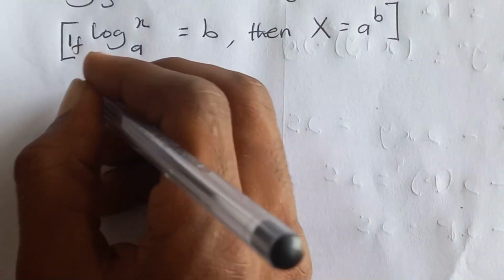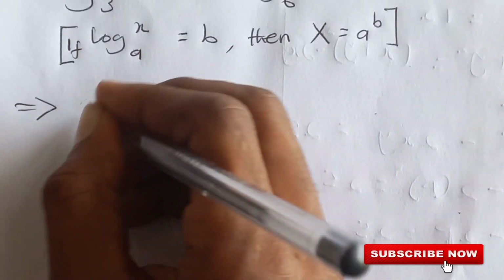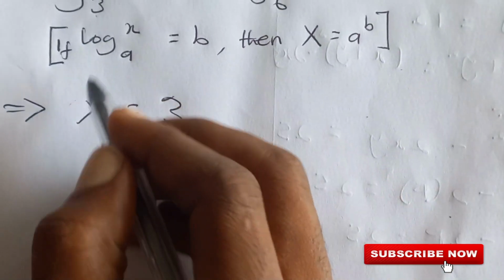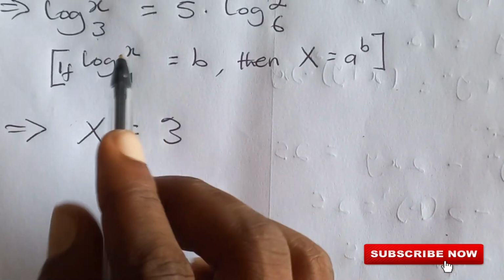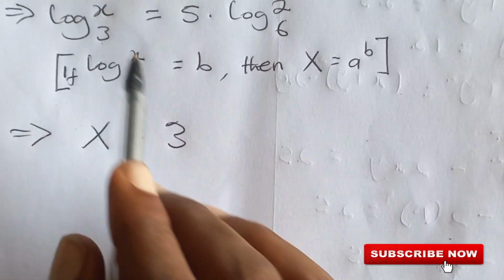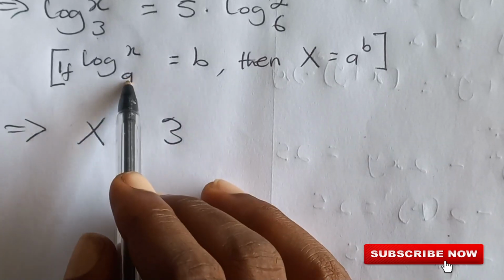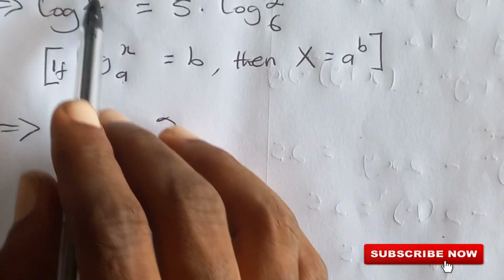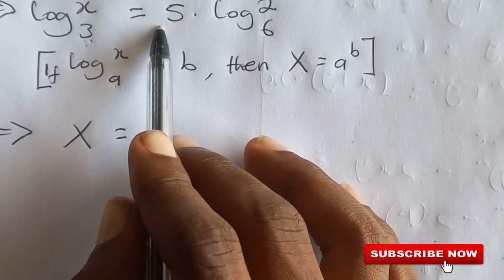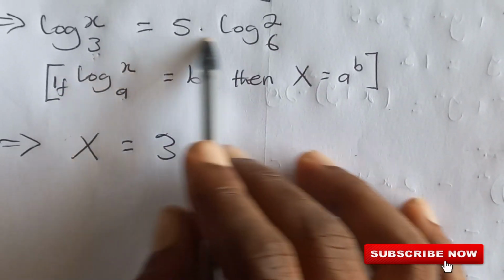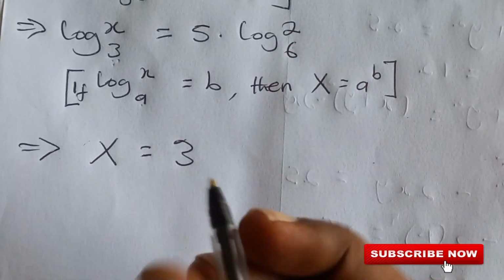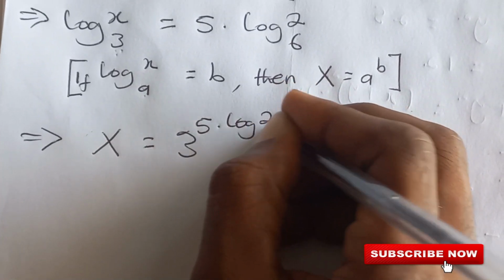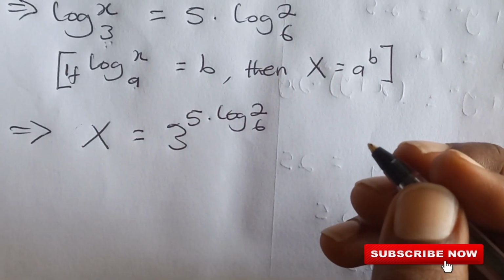In this case x is equal to 3 because of the base. If we compare things, our x is this, then our a is 3. So x is equal to 3, and it's going to carry this expression as its power, 5 multiplied by log 2 base 6, like this.